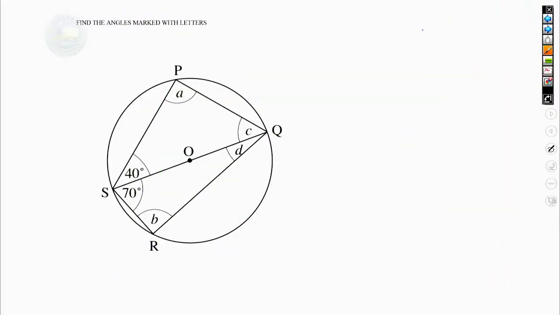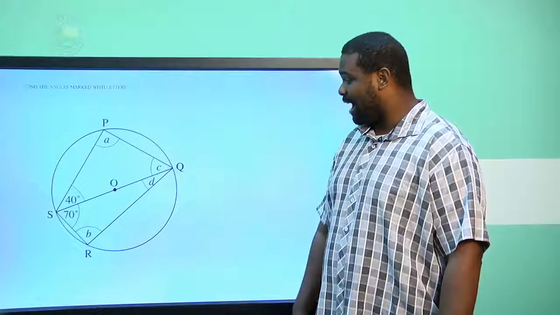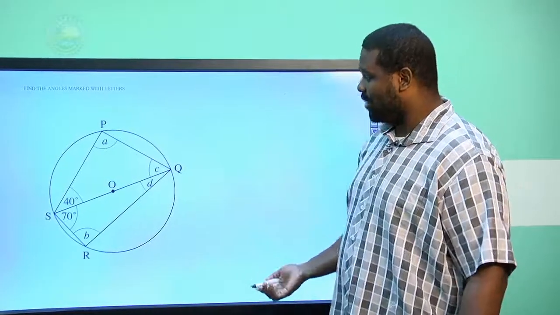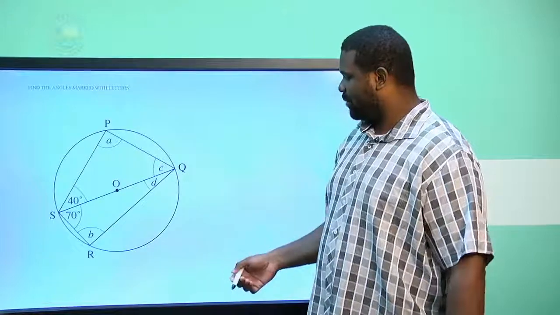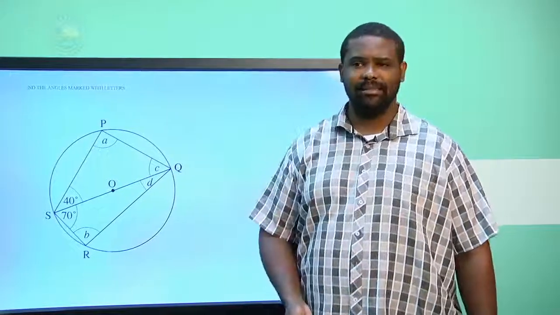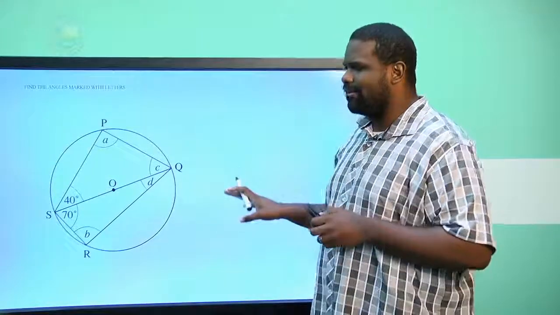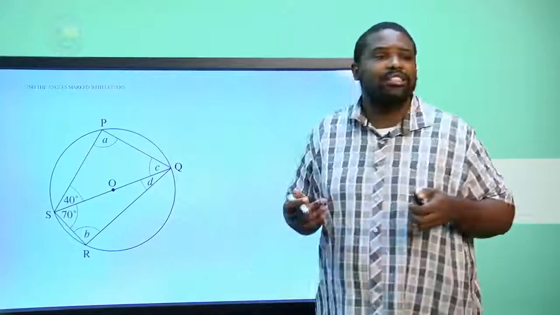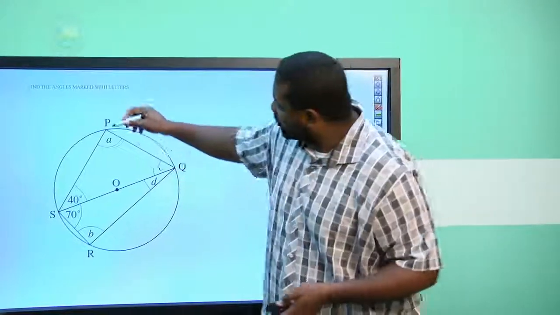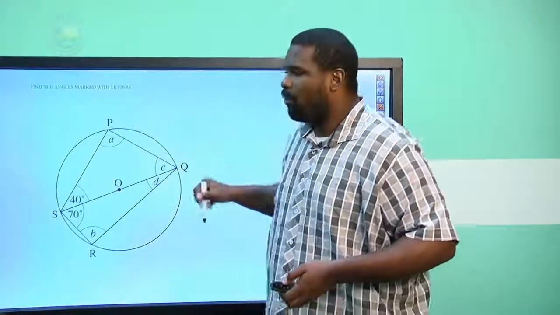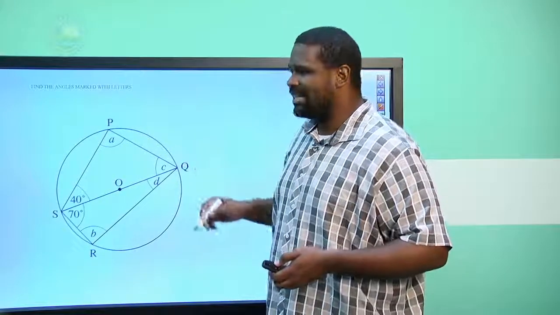Let's practice now. So here we're asked to find the missing angles, and we have 4 angles. We have A, we have B, we have C, and we have D. It begins to look a bit confusing, but let's break it down into the shapes that we know. So when it comes to A, what chord is subtending angle A?